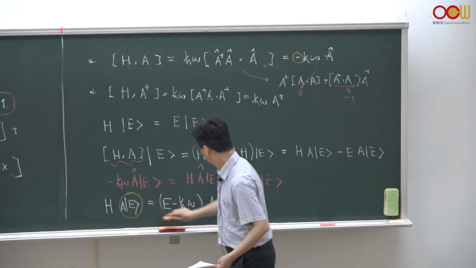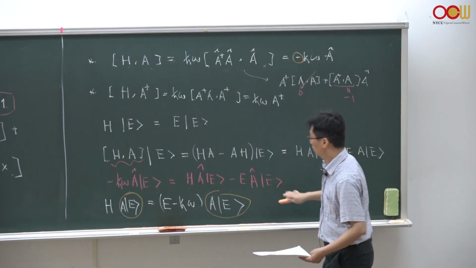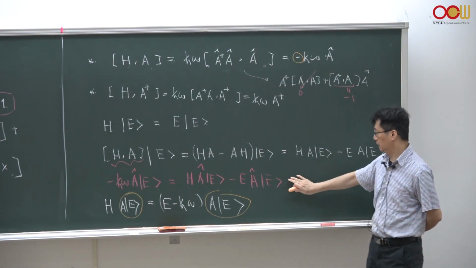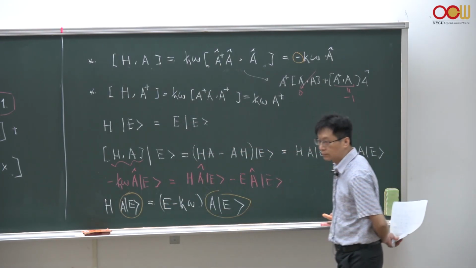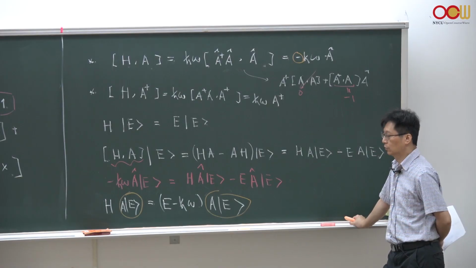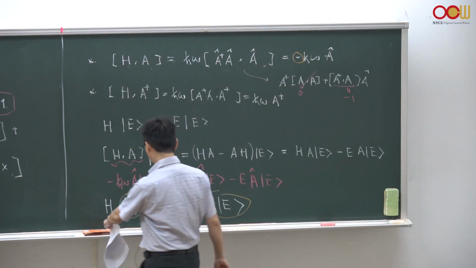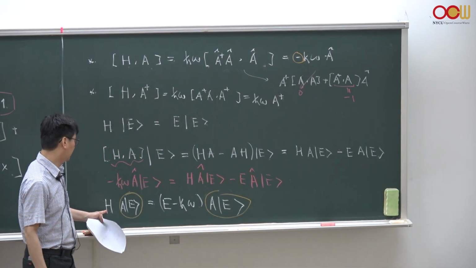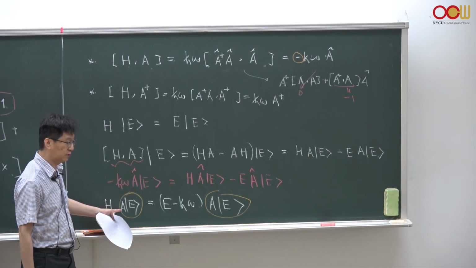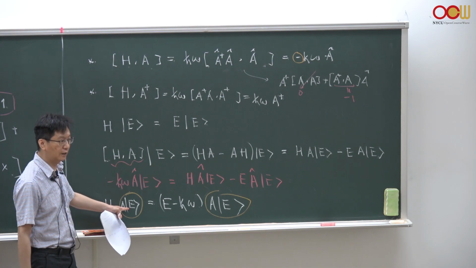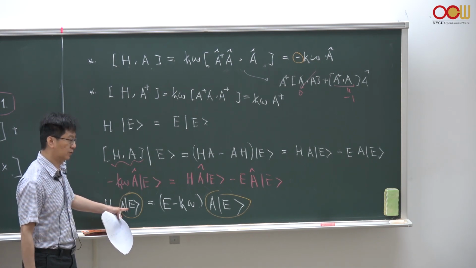If you rearrange this equation right here, you will find this is the equivalent expression, which says that the Hamiltonian operator acts on this orange state, and the orange state is made of this operator A acting on any eigenstate E of the harmonic oscillator.